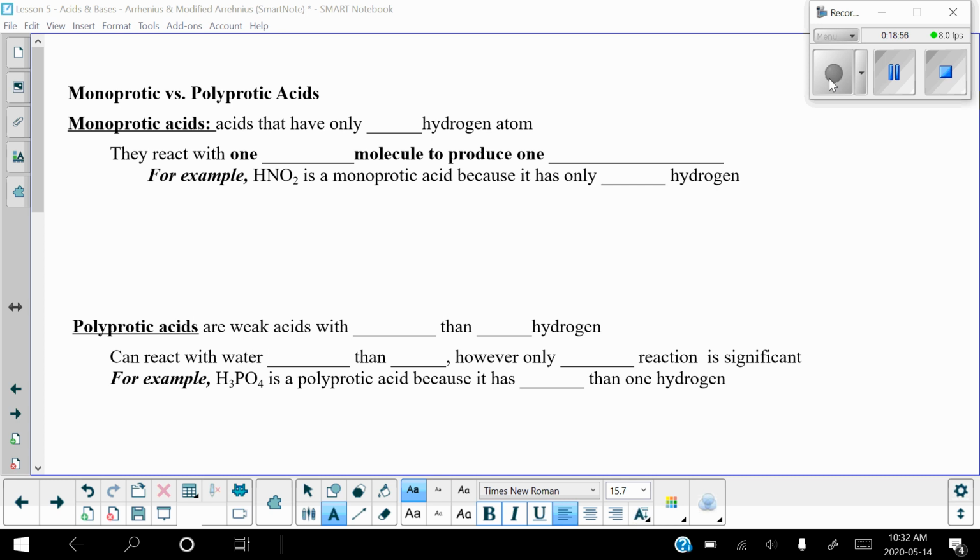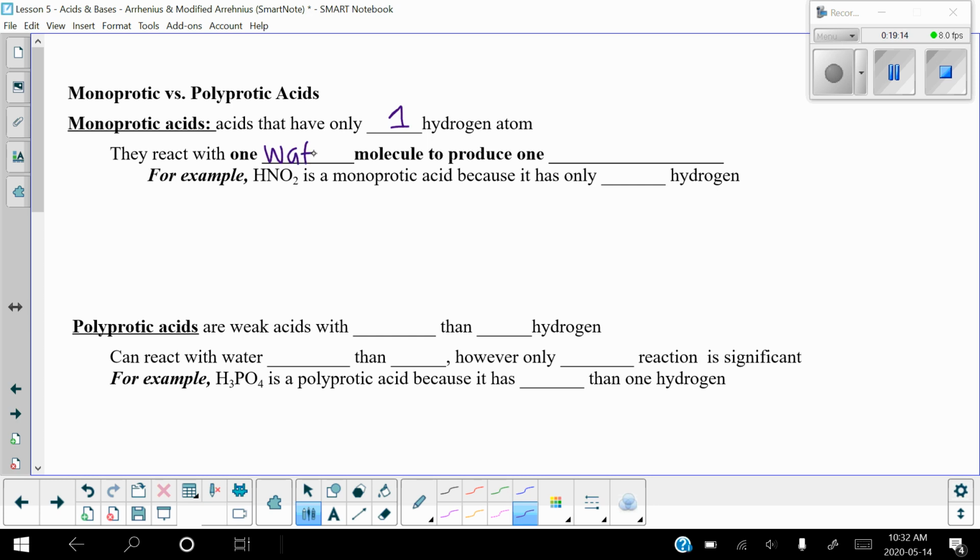So just like our indicators, if we have a monoprotic acid, that means it only has one hydrogen. They react with one molecule of water to produce only one hydronium ion.